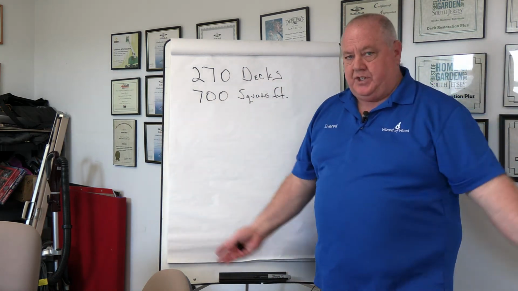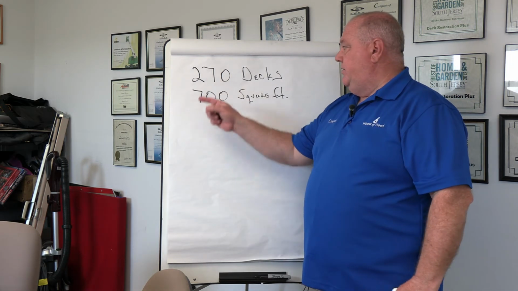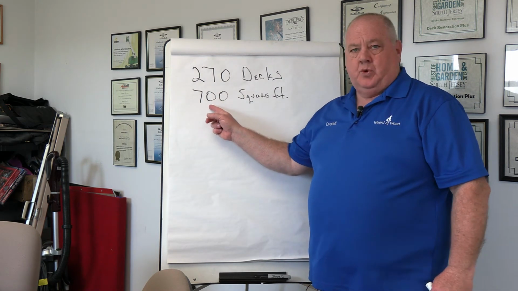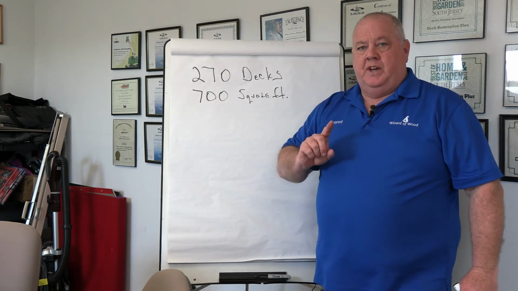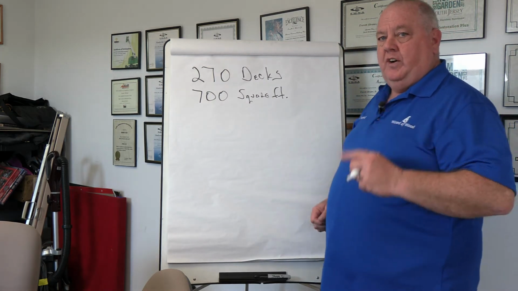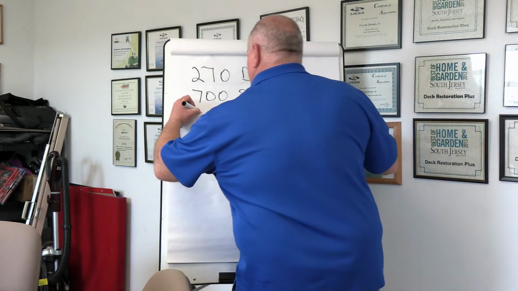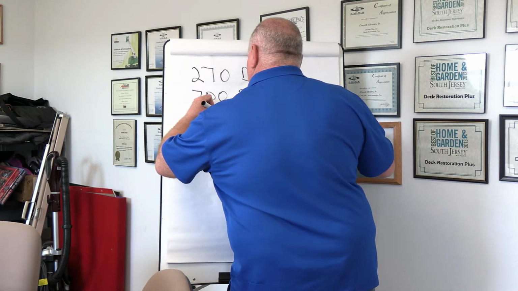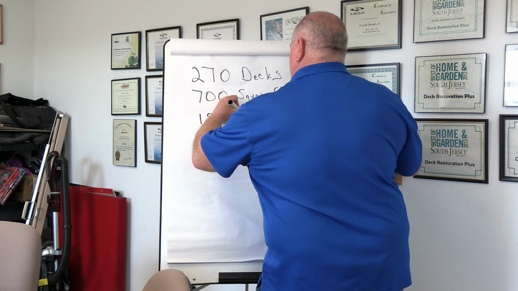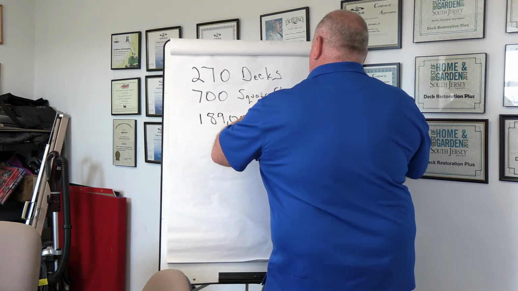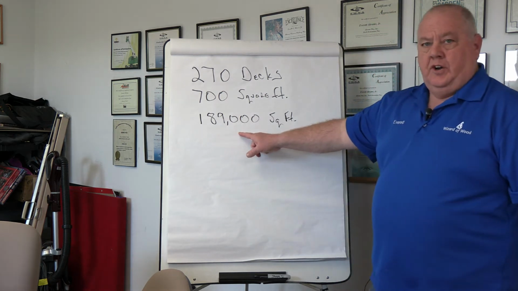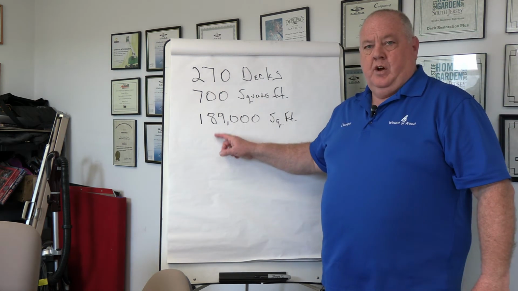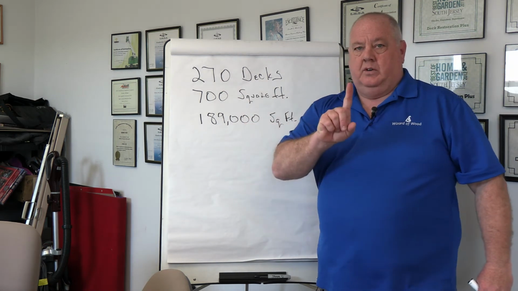We're just taking an average size deck. We have 270 decks, 700 square feet each deck. Of 270, that's a total of 189,000 square feet of all the decks he did in 1 year.